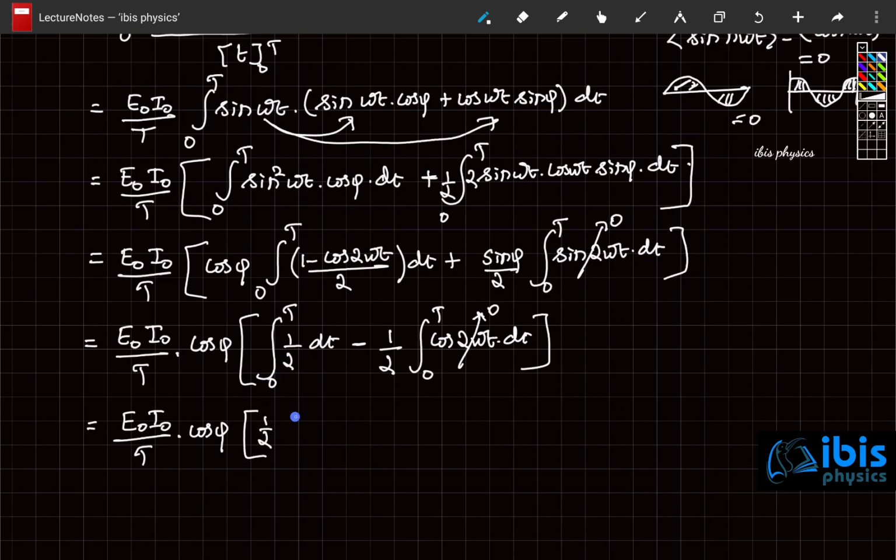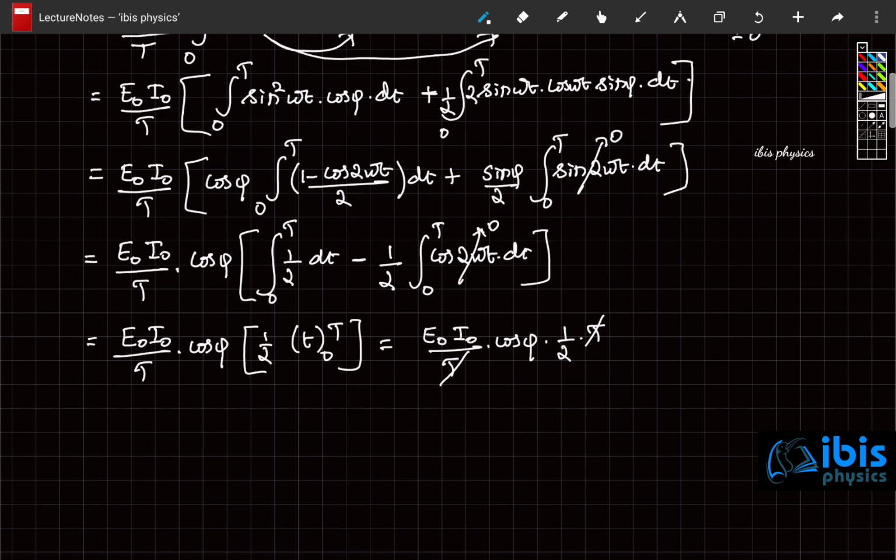then I am taking half integral dt, which is t from 0 to t, and here I am having E naught I naught by t cos phi into half into t. T and t will be cancelled.